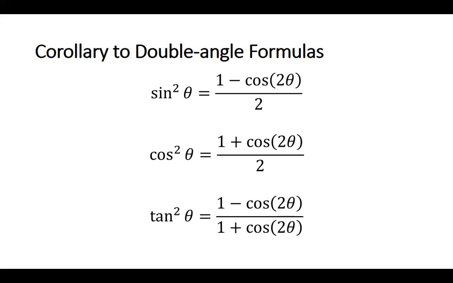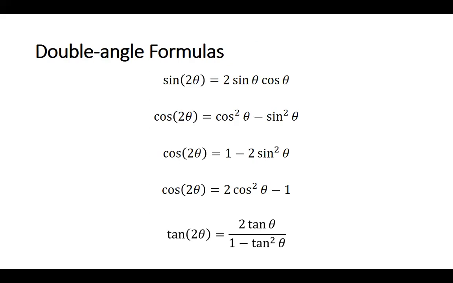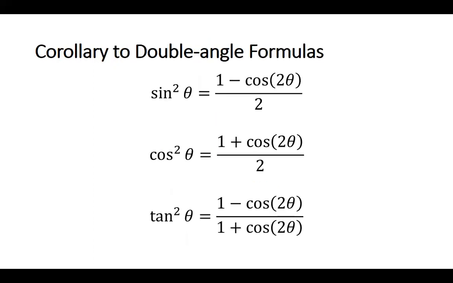If you look back at our cosine 2 theta functions, remember we had cosine 2 theta is equal to 1 minus 2 sine squared theta, and cosine 2 theta is equal to 2 times cosine squared theta minus 1. All that's doing is solving for the sine squared theta or the cosine squared theta.